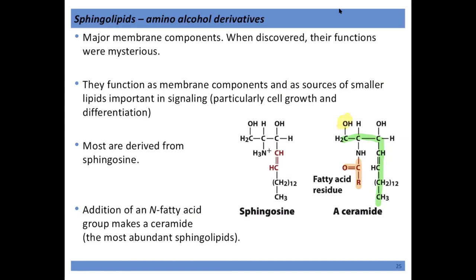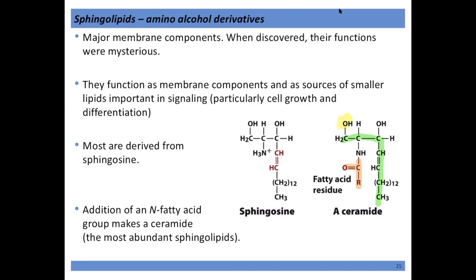So we're going to be throwing out a lot of names, but you just need to understand that sphingosine is kind of the base molecule. And so these are called sphingolipids. They were mysterious, they weren't quite sure of their function, so they got the name Sphingo from the Sphinx in Egypt, which is just kind of a recognition that these are mysterious molecules, or at least they were.